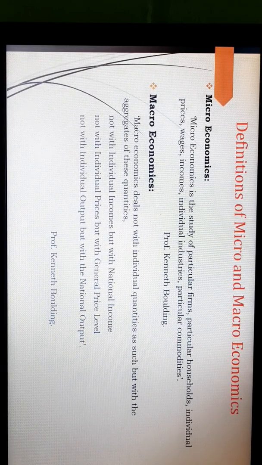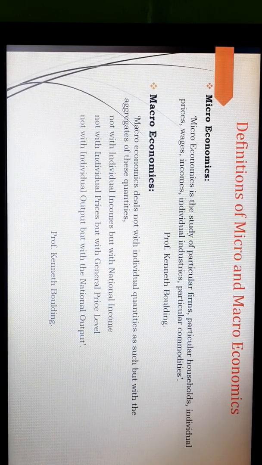In the similar manner, we are having individual outputs. Now when we talk about individual output, it is related to a particular industry. In the similar manner, there are different industries in a particular country, and different industries produce different goods. Okay, all the goods which are produced in different sectors, when we total them, we get a value that is national output.